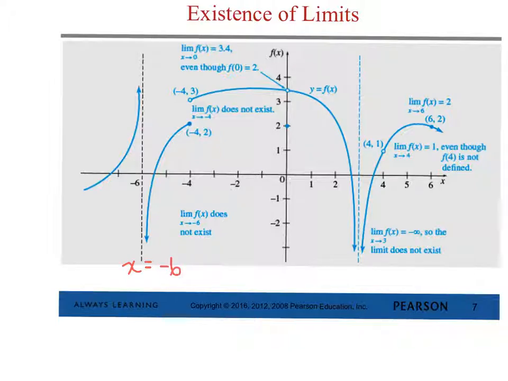If we approach -6 from the left, we're going to infinity. If we approach it from the right, then it's negative infinity. And for that reason, the limit as x approaches -6 does not exist.